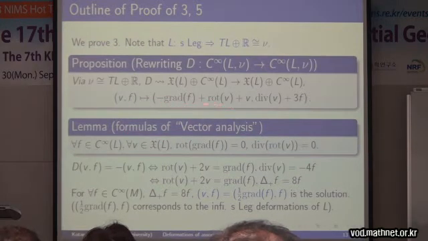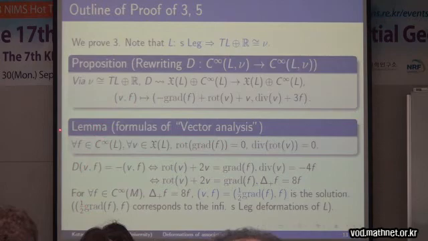These operators have the same properties as in vector analysis. So for example, for any smooth function f and for any smooth vector field v, rotation gradient f equals 0 and divergence rotation v equals 0. By using this, we can prove 3.